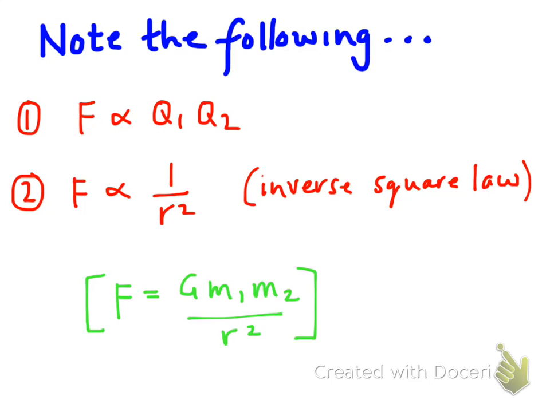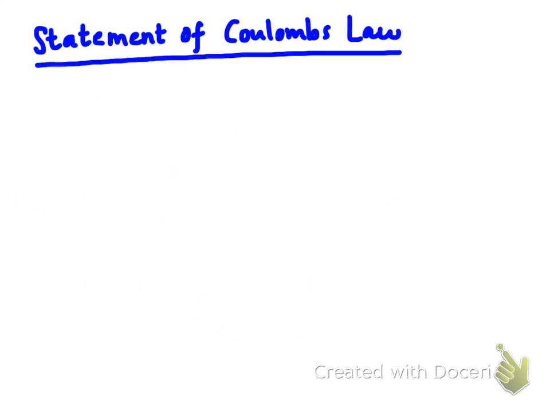But it's important to note from this that as the charges increase, you have bigger charges, the force of attraction or repulsion increases, and as the distance between the charges increases, they get further away from each other, obviously the force decreases, but it decreases by the square of the distance. And so the force rapidly decreases as charges move away from each other.